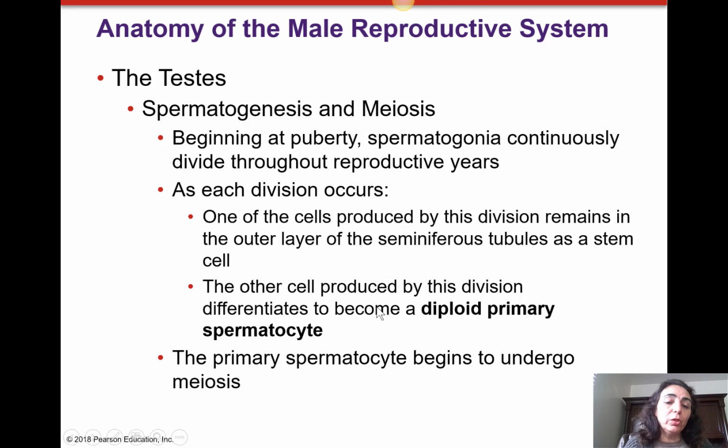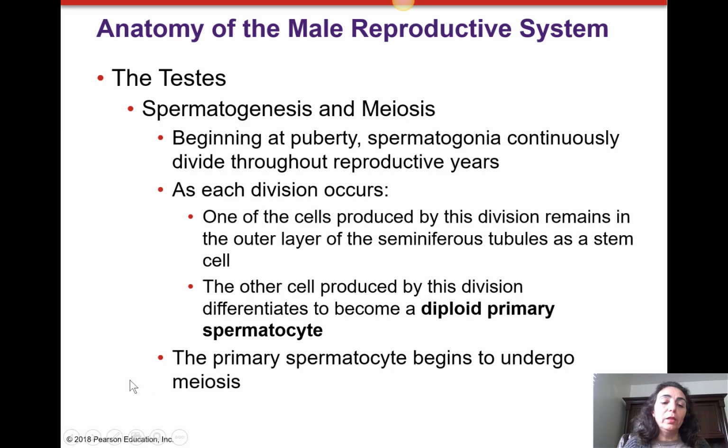The other cell produced by this division differentiates to become a diploid primary spermatocyte. So the first one that goes into the process of spermatogenesis is called a primary spermatocyte, and it is still diploid because it has 46 chromosomes.